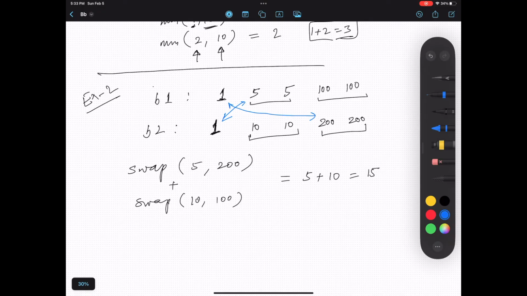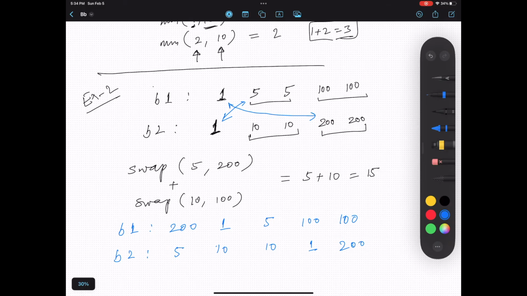So what would my baskets look like after that? B1 would be 200, 1, 5, 100, 100. B2 would be 5, 10, 10, 1 and 200, right?